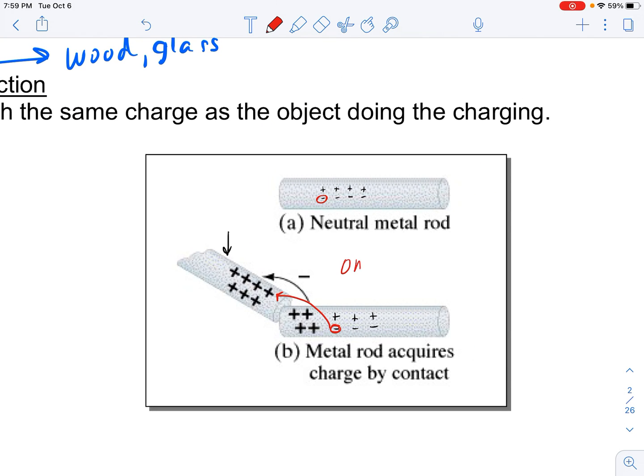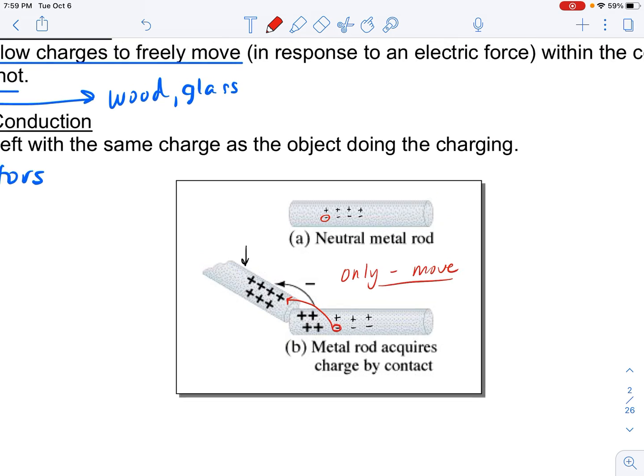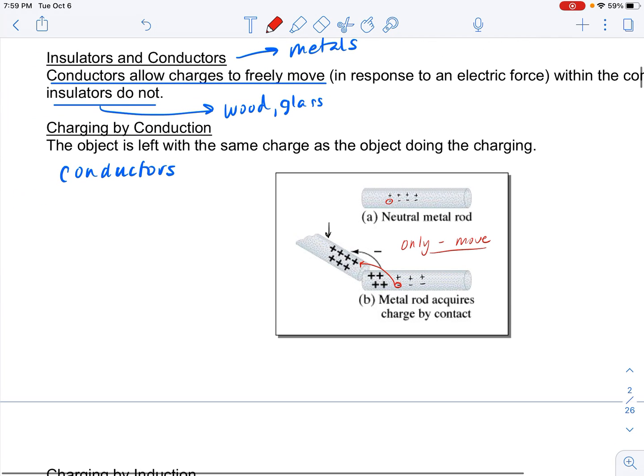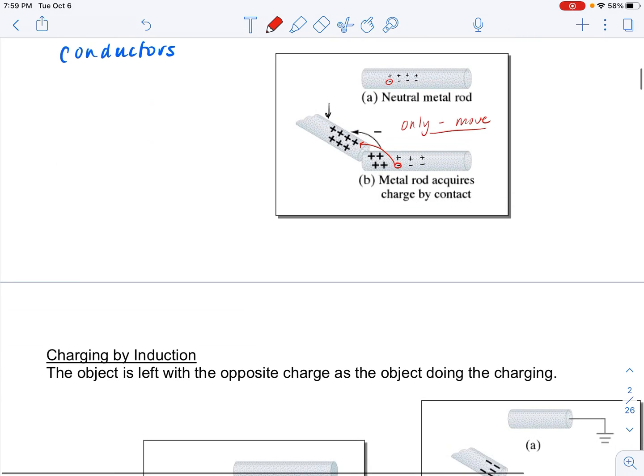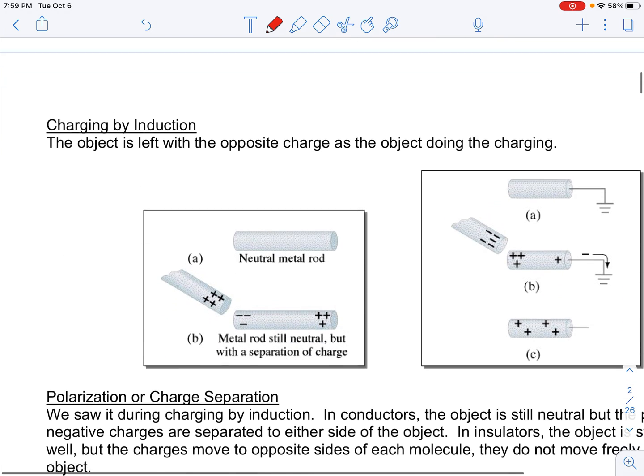Now, it's only the negatives that can move, because only the electrons on the outside of the atom are free to move around. The protons cannot move. If you try to move protons around, you get fission, and that's an atomic bomb. So we don't want that, at least not for this unit.